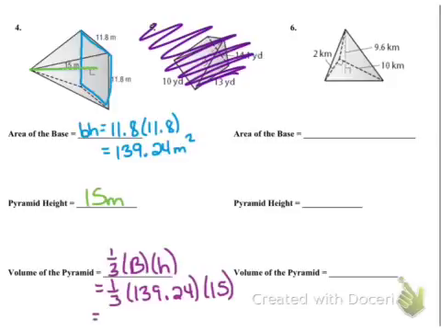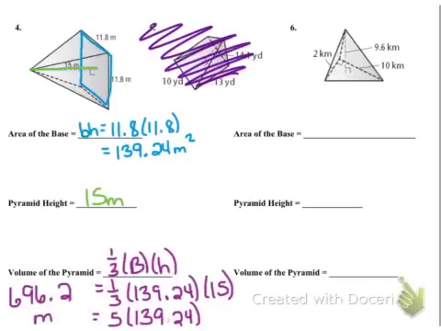I can do a third of 15 in my head because 15 divided by 3 is 5. So this is the same as 5 times 139.24, and we get 696.2 cubic meters.